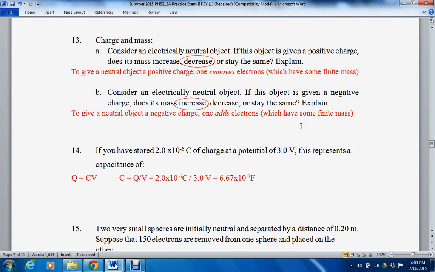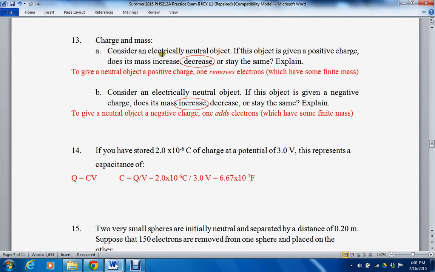Remember, when we do electrostatics, when we give charge to an object, we do that by either removing electrons to leave behind a net positive charge, or adding extra electrons to give it a negative charge.